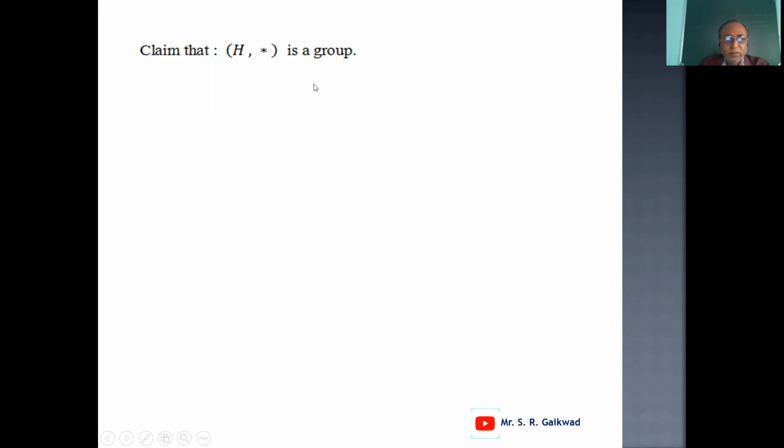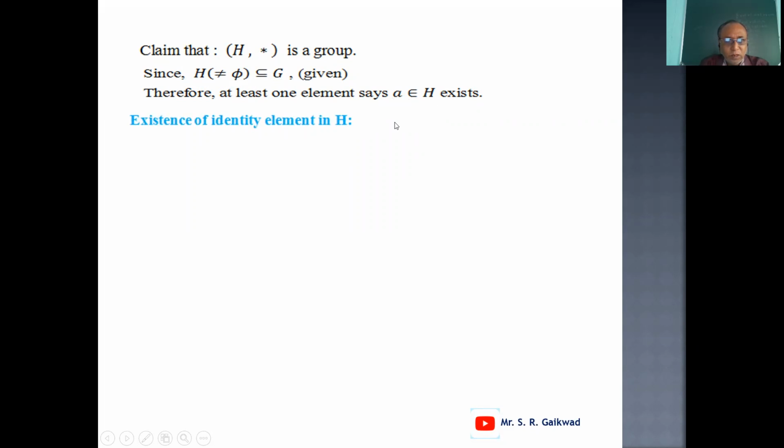Now, claim: (H, star) is a group. H is a non-empty subset of G, it is given. Therefore, there is at least one element, say a, belonging to H. It means H contains at least one element. We can take that element as a because H is non-empty. Now, first we check the existence of identity.